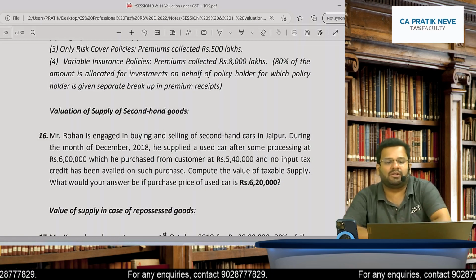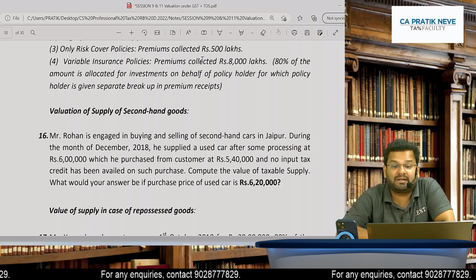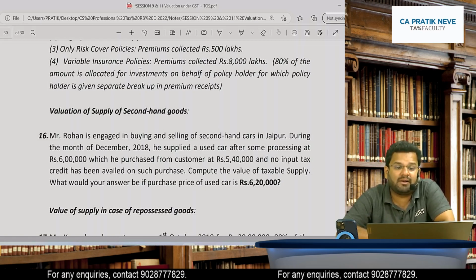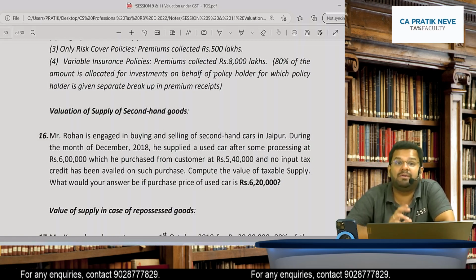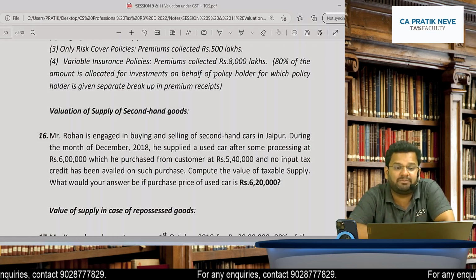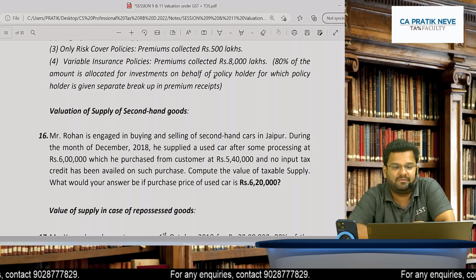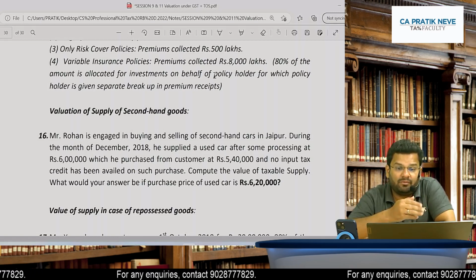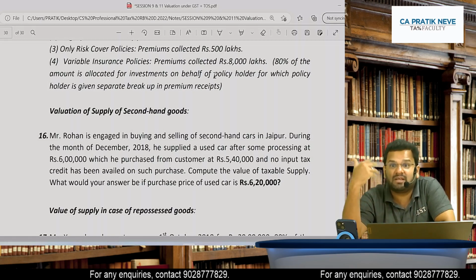And lastly, variable insurance policies where total premium collected is 8,000 lakhs, but 80% of the amount is allocated for investments on behalf of policyholder, for which policyholder is given separate breakup in premium receipts. So 80% is for investments, means savings.